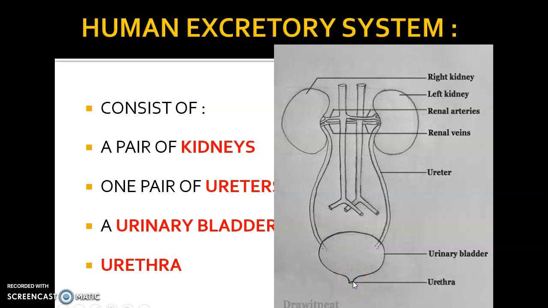So how many parts does the human excretory system consist of? It consists of a pair of kidneys, a pair of ureters, a urinary bladder and urethra. So we have four main parts in the human excretory system.